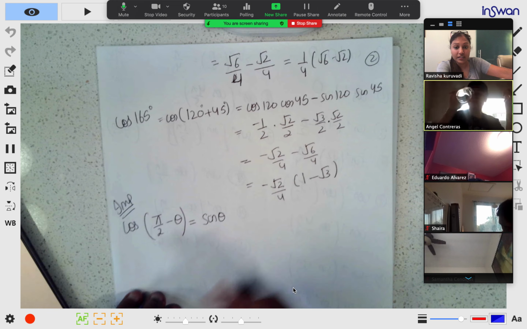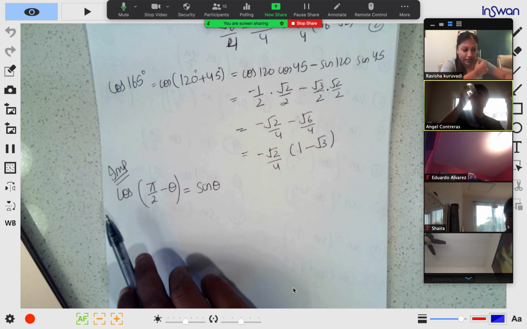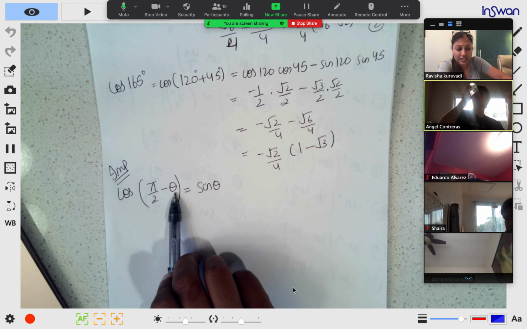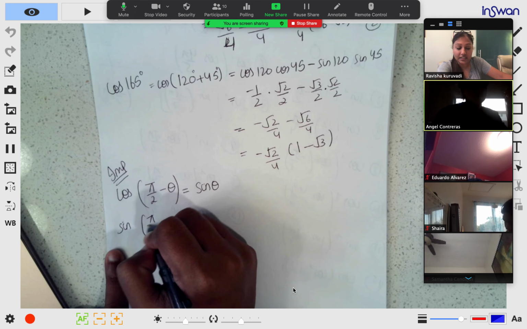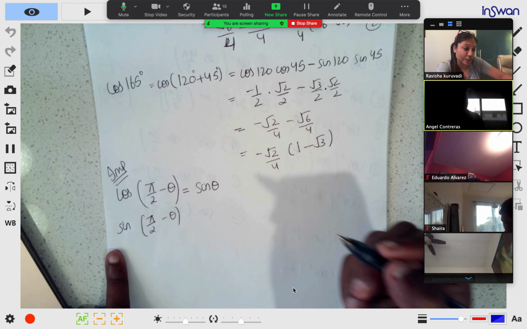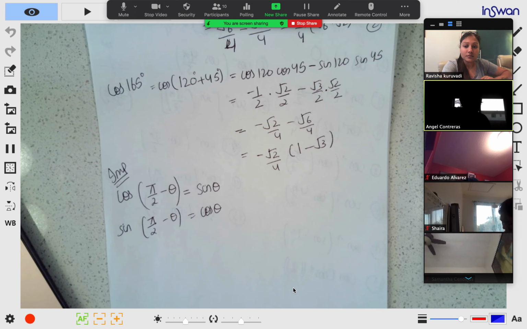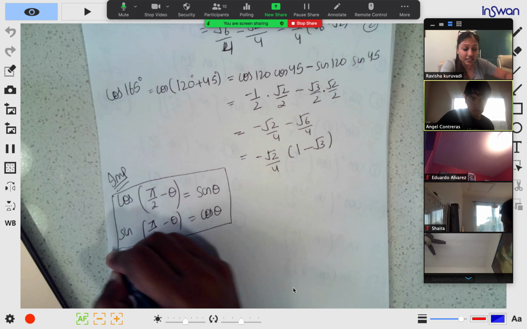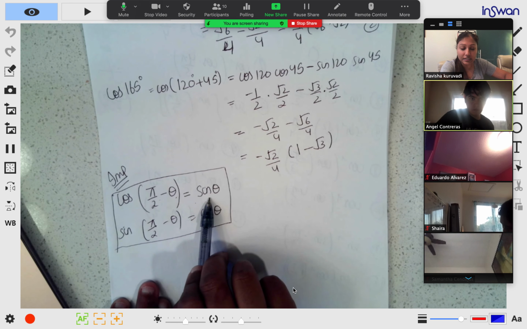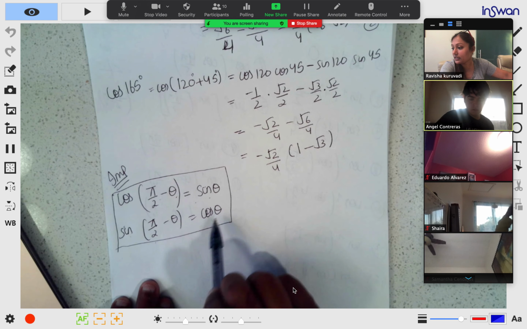I mean, you can plug into the formula, but you should know this directly. From 90, if you subtract theta, cosine becomes sine theta. And sine of 90 minus theta, that is pi by 2 minus theta, changes to cosine theta. Very important formulas. You will be using this a lot, so make sure you remember this. Cosine 90 minus theta is exactly equal to sine theta, and sine 90 minus theta is equal to cosine theta.